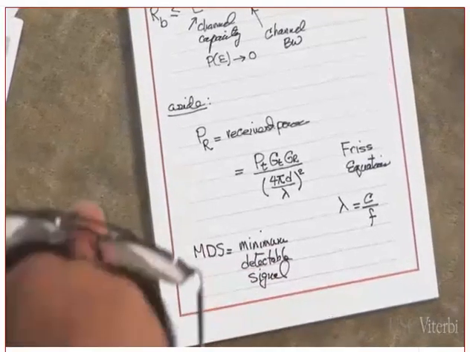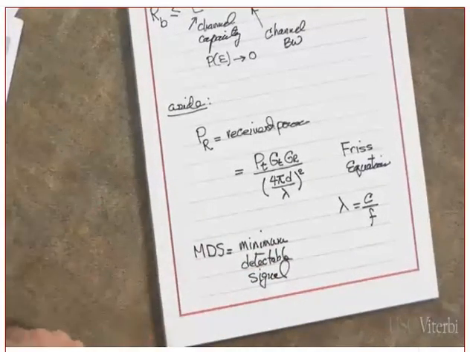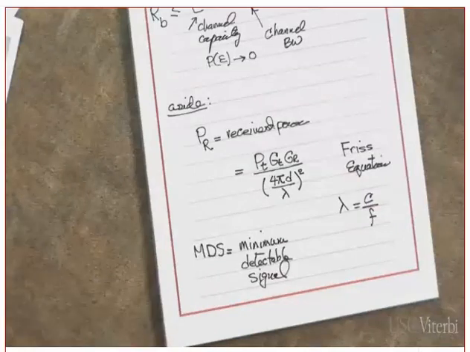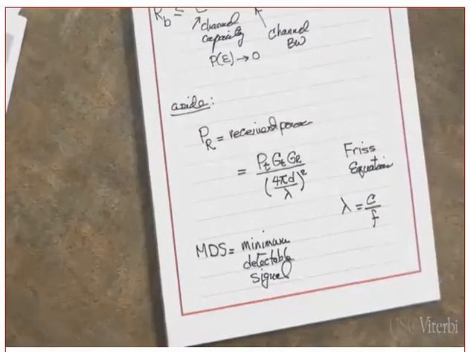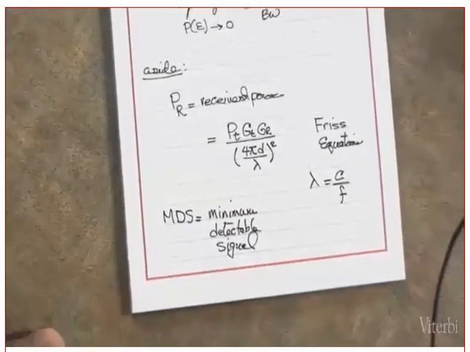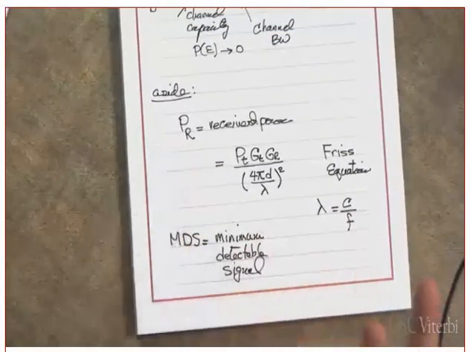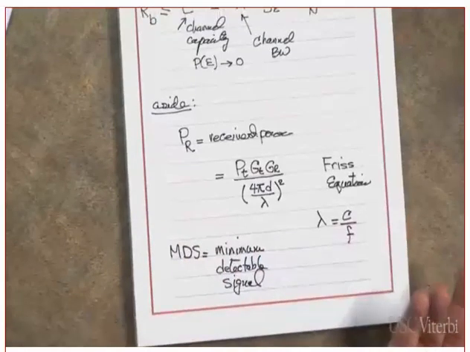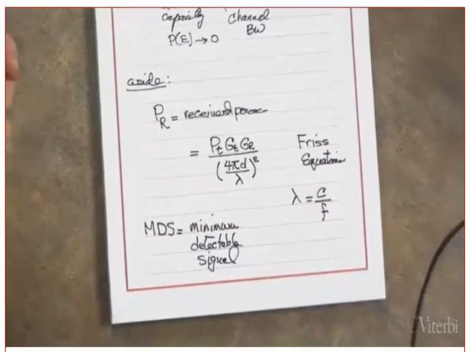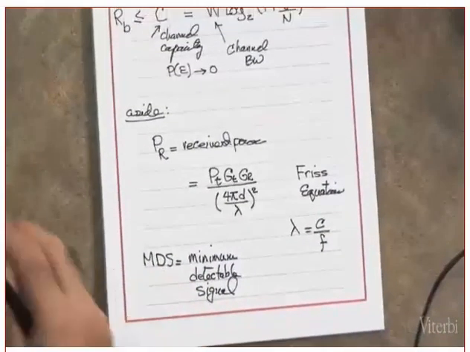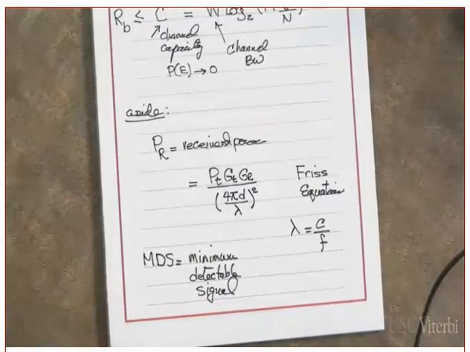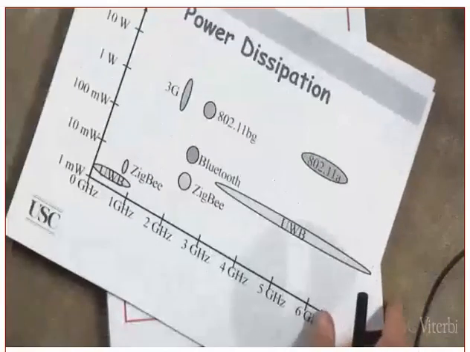What is the weakest signal that can be detected? Detected means it can be differentiated from background noise. If the signal goes down and down, it might not be detected anymore, which means the coverage has stopped. So as you increase the frequency, keep in mind that the coverage will go down.